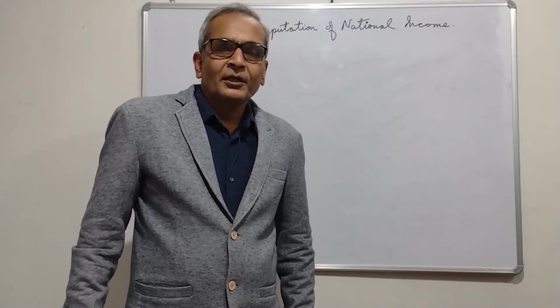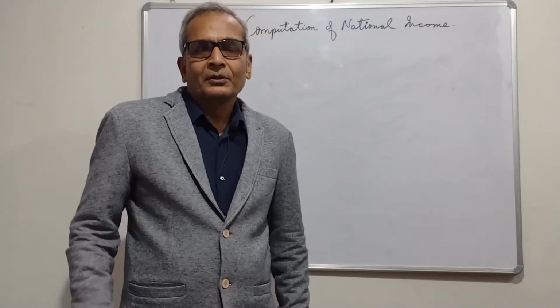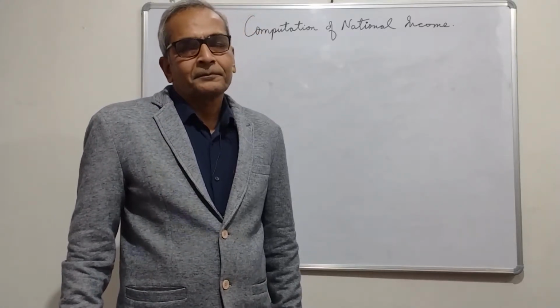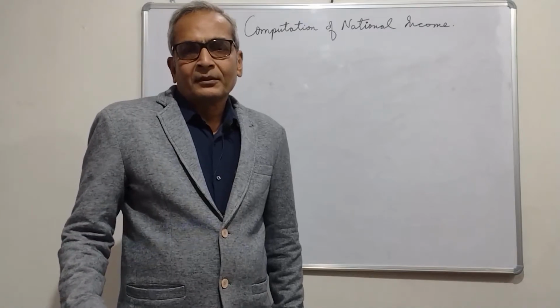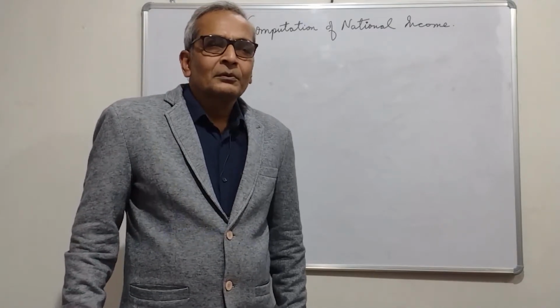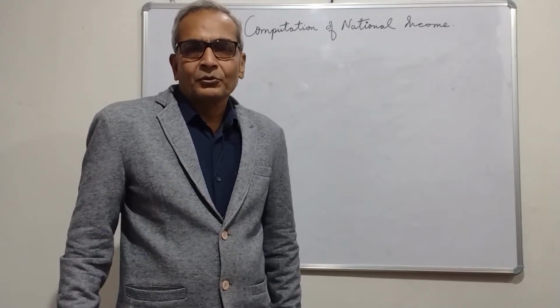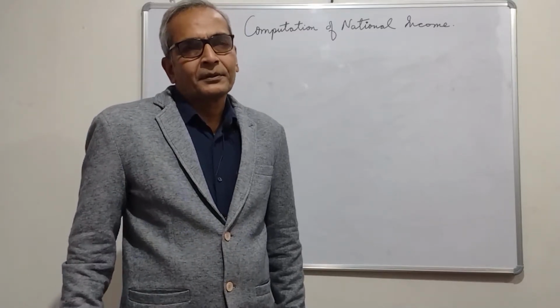Then in my second video I talked about the circular flow of income, output and expenditure. Then in the third video I discussed the various related terms associated with this chapter.